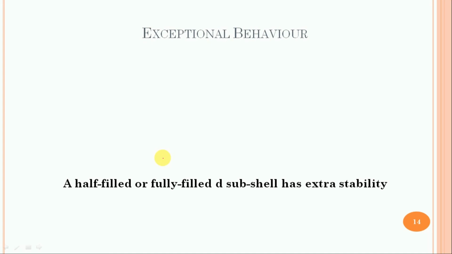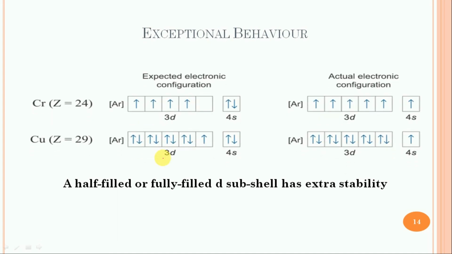Thus, to acquire increased stability, one of the 4s electrons goes to the nearby 3d orbital, so that the 3d orbital becomes half filled in the case of chromium and completely filled in the case of copper.